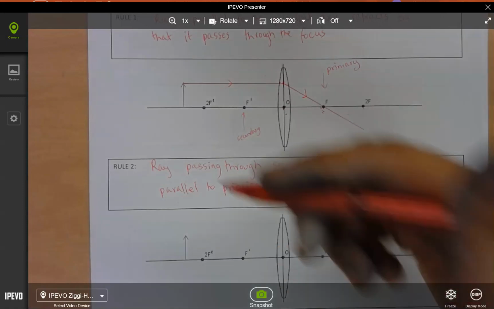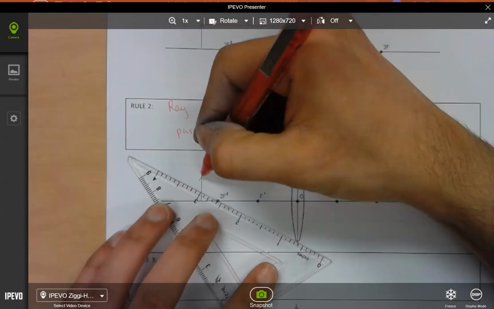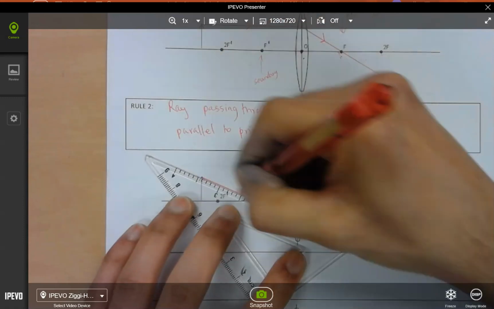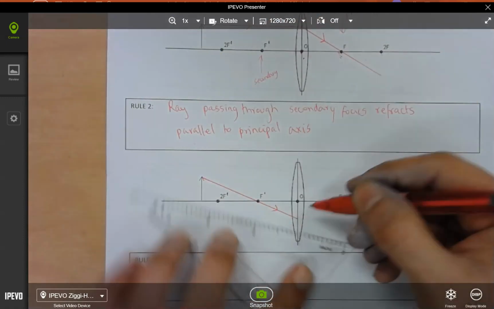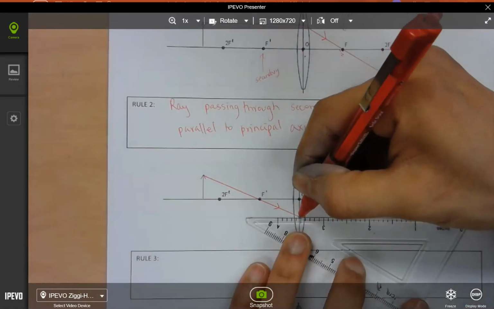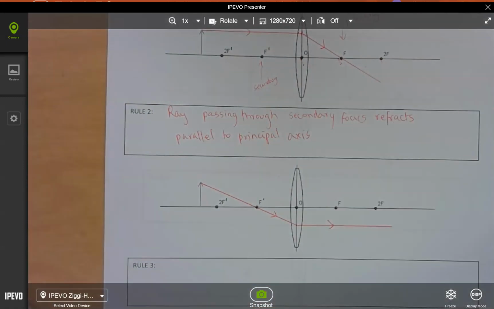There's no aiming at stuff here. We take this top point, we're going to aim it through the secondary focus like so until that middle line. Again, I'm stopping at this middle line. After that, I'm drawing the bending. The bent ray will go parallel to the principal axis, like so.